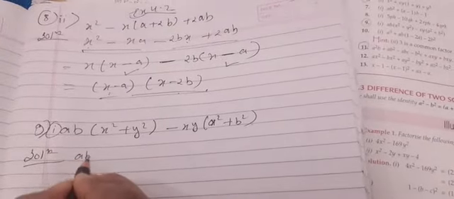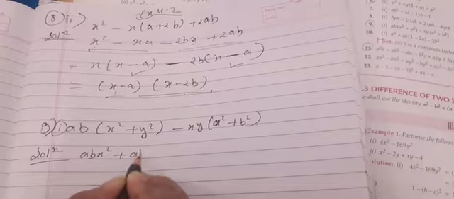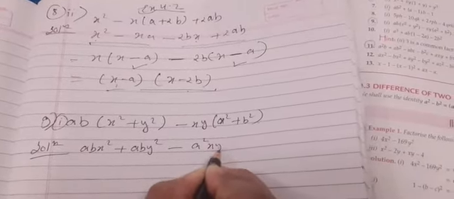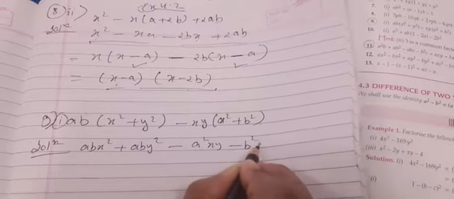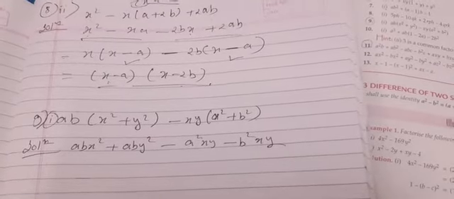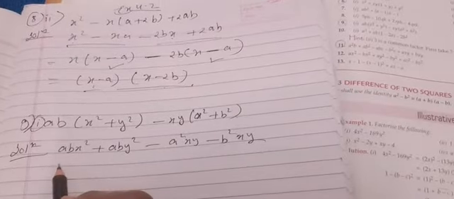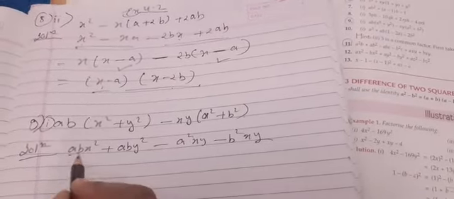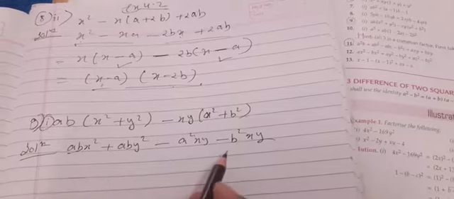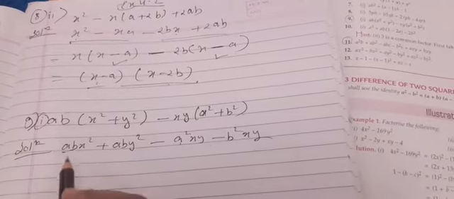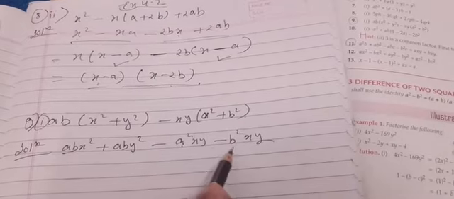First of all, AB x square plus AB y square minus a square xy and b square xy. Now I want to shuffle these numbers. How? So here is AB x square and this is a square xy, okay, and this is AB y square and b square xy.